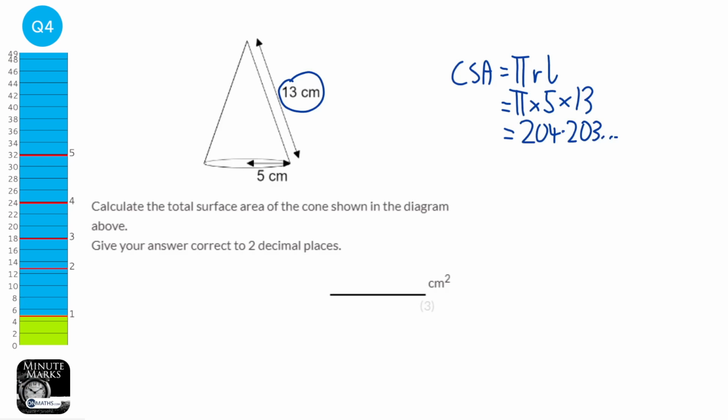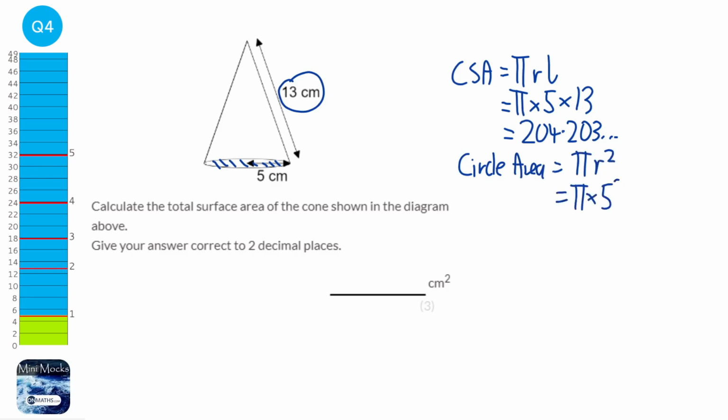We've got to then work out the area of the circle at the bottom. So the area of the circle, which the formula is pi r squared. So it's going to be pi times 5 squared, which is 78.539, blah, blah, blah.